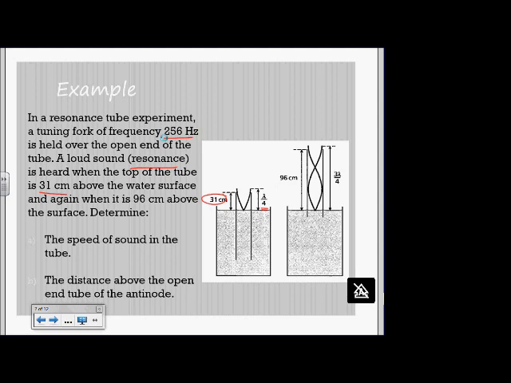You're also told that you get it again at 96 centimeters, this time where it must be 3/4 of a wavelength. And you're asked to determine the speed of sound in the tube and the distance above the open end of the tube of the antinode.